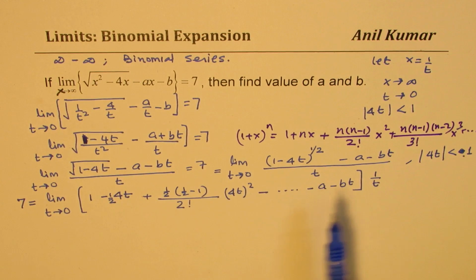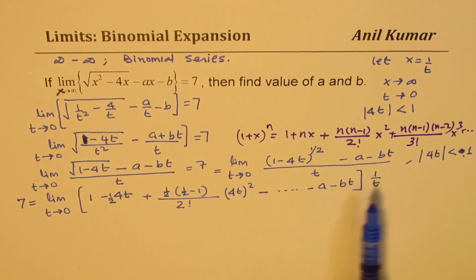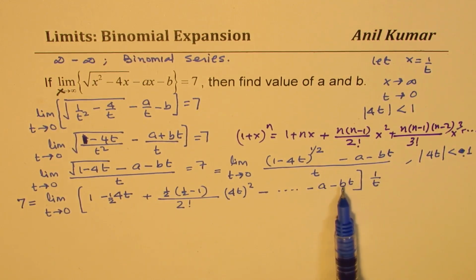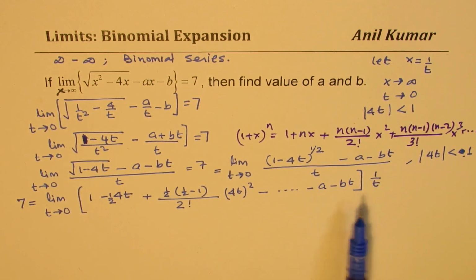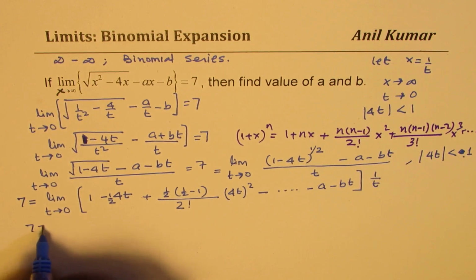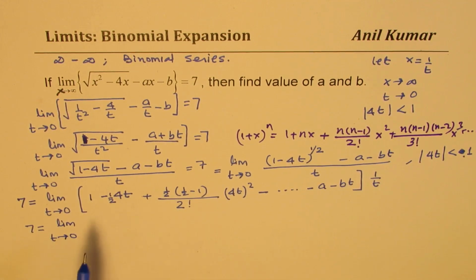Now if you look at it, when you multiply everything by 1 over t, so let's just expand this, right? So what we get here is 7 equals the limit as t approaches 0.